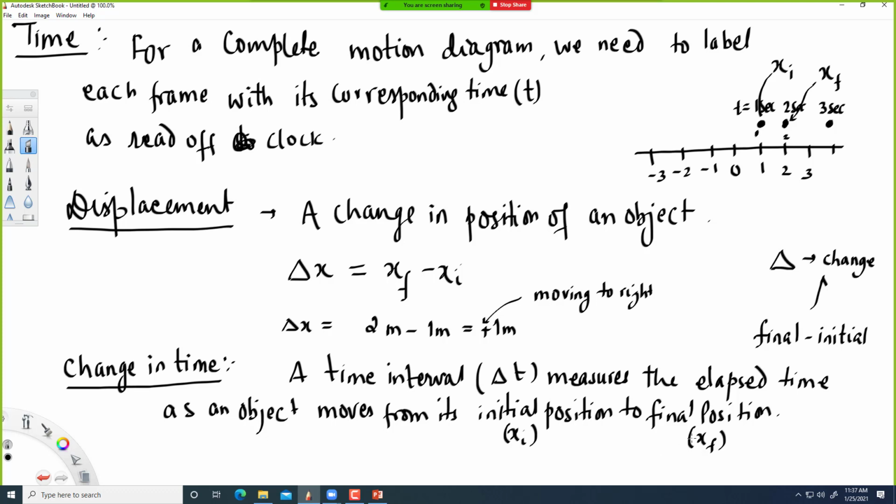That's the change in time. And this elapsed time, delta t, is always positive. Time is never negative, it's always positive.